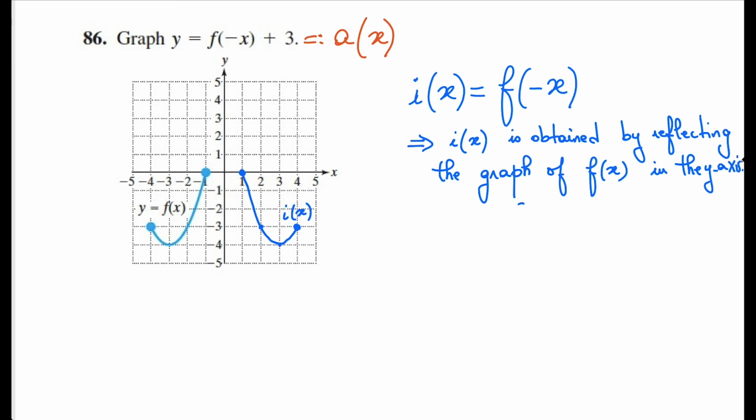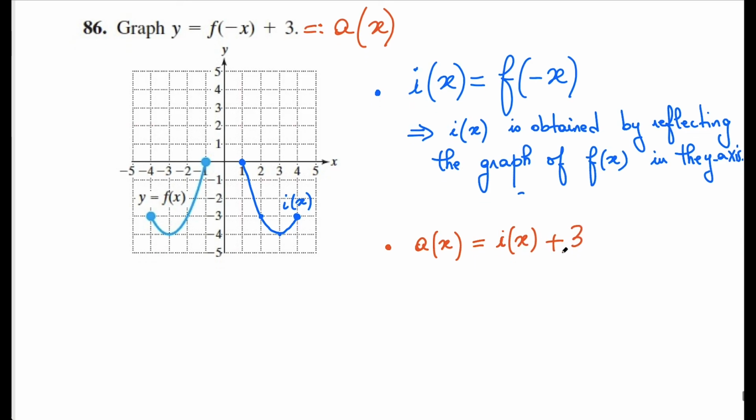Okay, this is an intermediate step, and the final step is I'm after a now. So a of x is simply this guy, which is I of x, plus 3.